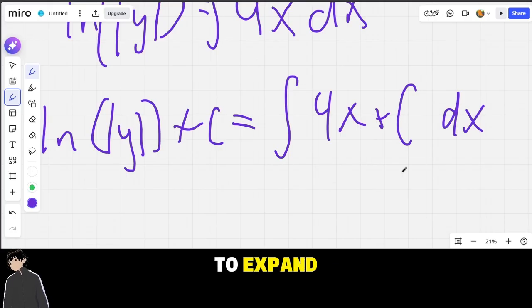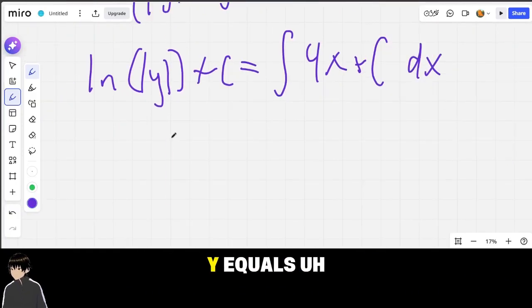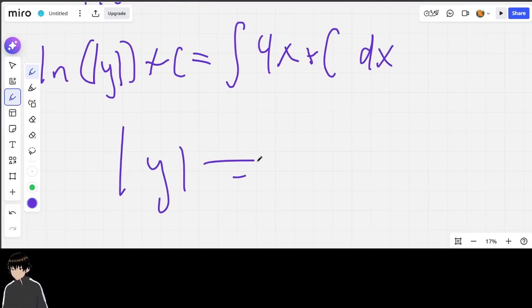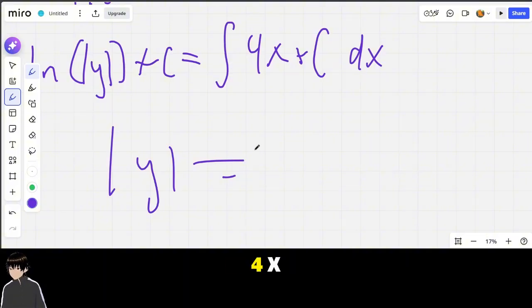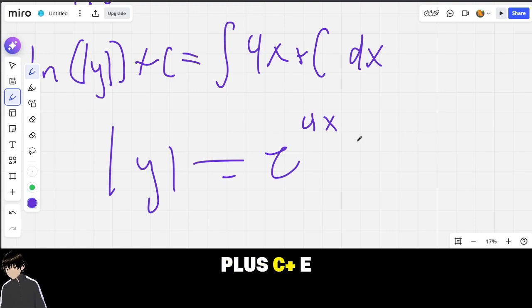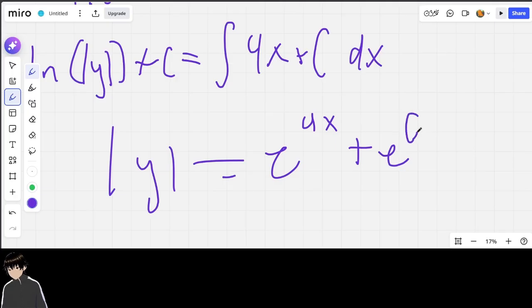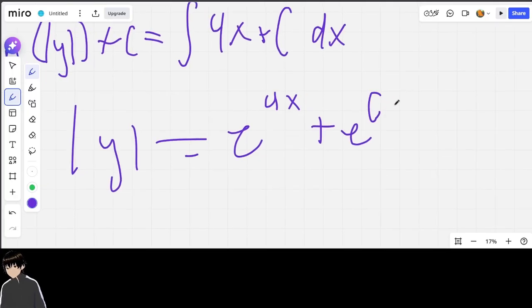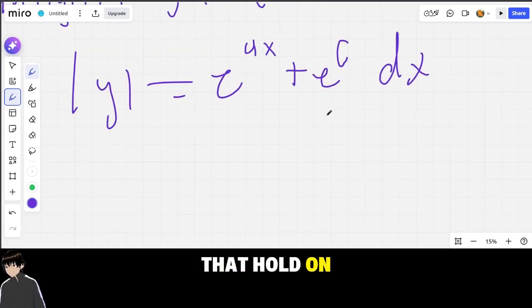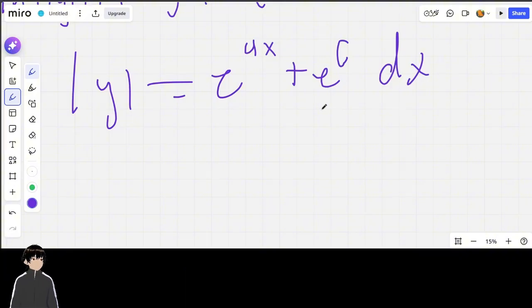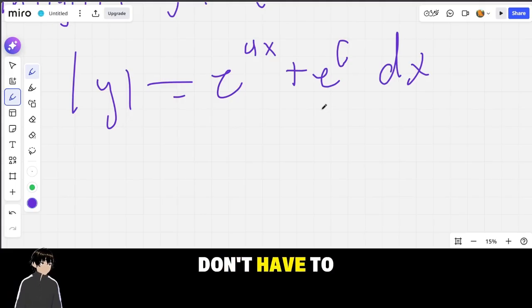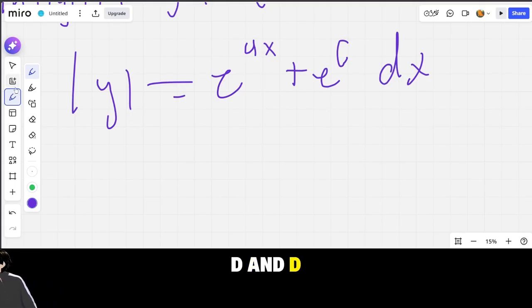So we have to expand this equation. We're going to get absolute value of y equals e raised to 4x plus C, which is e raised to 4x times e raised to C. Let me just see if I'm correct on this. We don't need to include dx at the end.